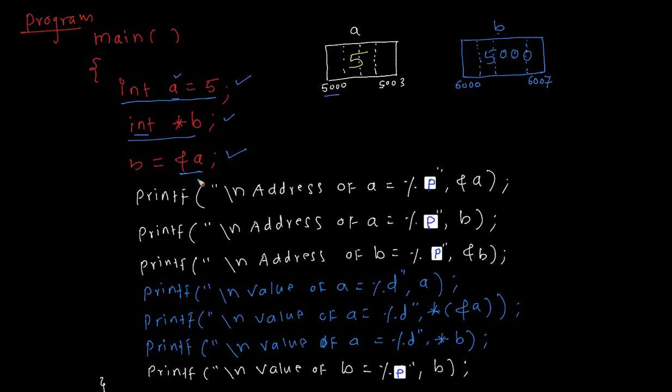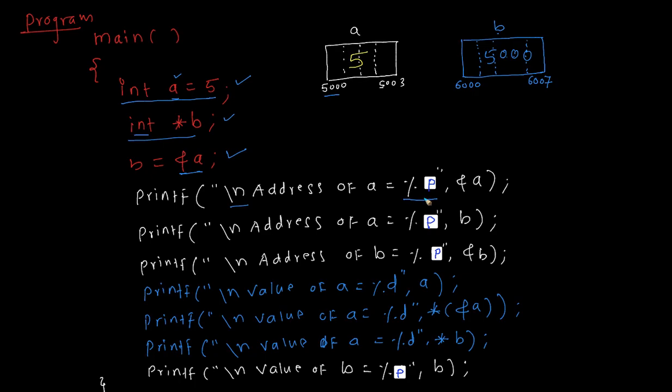Now let us print some addresses and values of the variables. In this printf statement, with a new line, we print address of A is equal to %p. In order to print memory addresses, we use a format specifier called %p. We are not going to use %d, %u or any other format specifier.